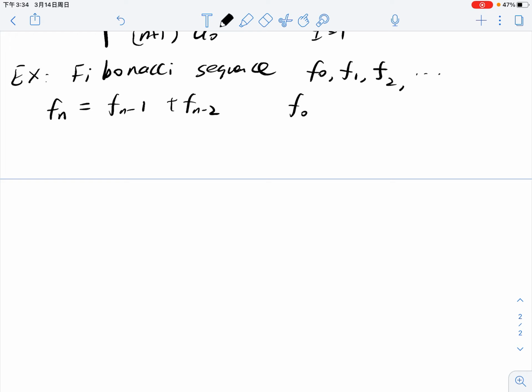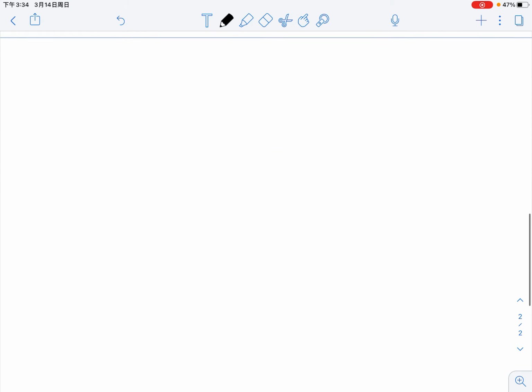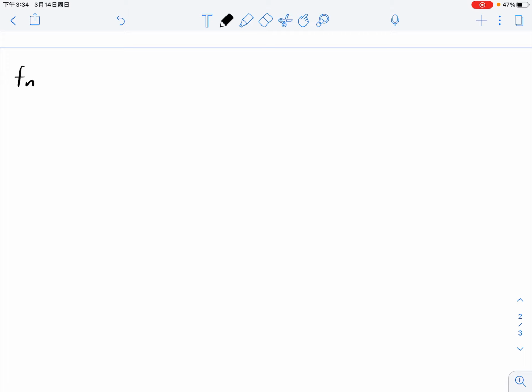And of course, you'll find it's not uniquely determined unless we set up some initial data. Initial data means F0 and F1. Usually we set F0 equals 0, F1 equals 1. And then you can look at what Fn is.